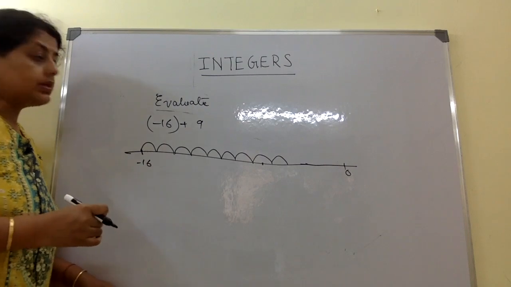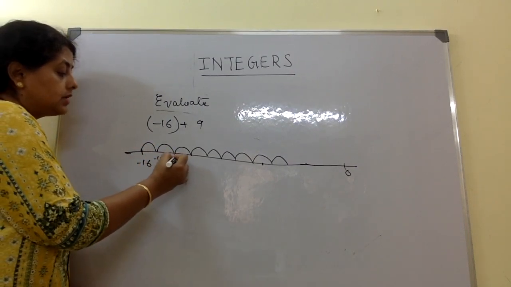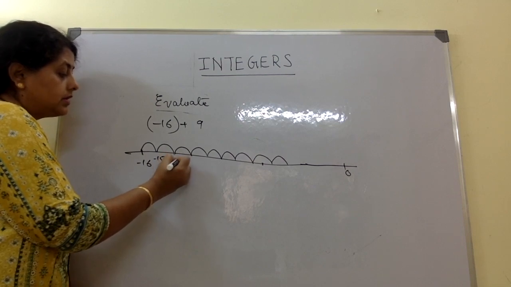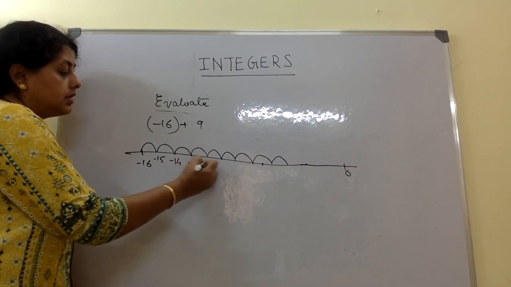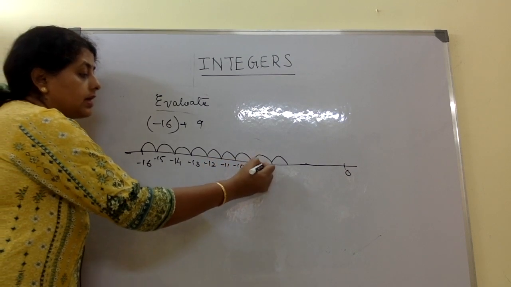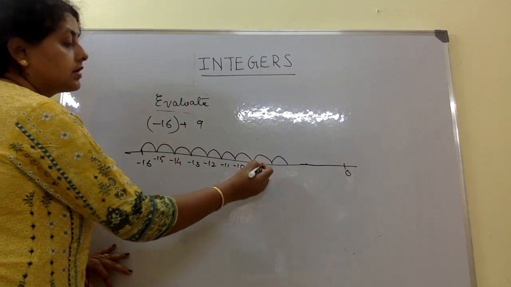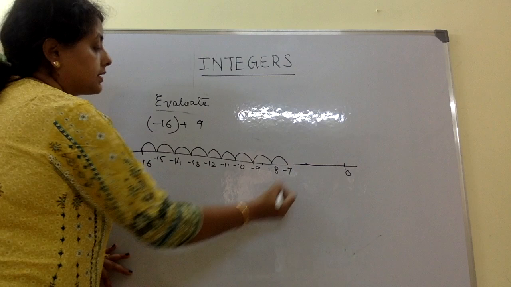So here let me write now. Minus 15, minus 14, minus 13, minus 12, minus 11, minus 10, minus 9, minus 8, minus 7.